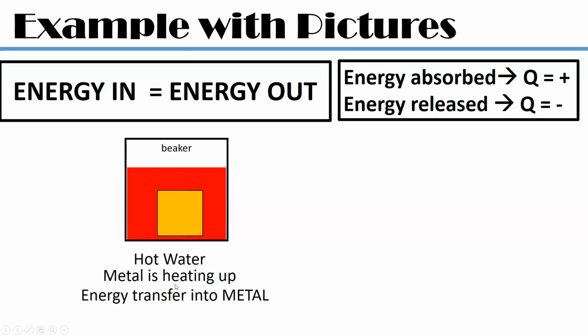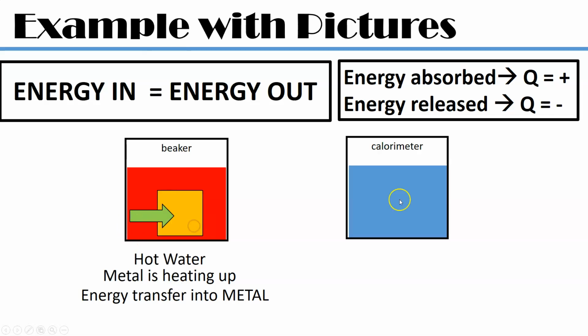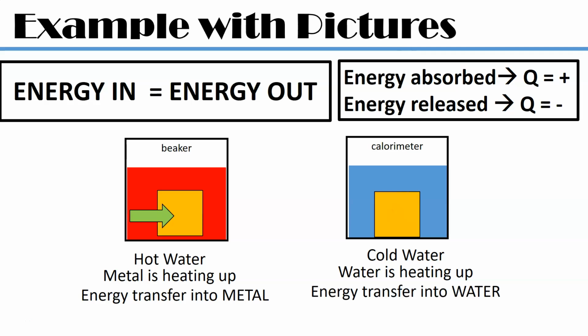The energy is going to be transferred into the metal. Compare that to over here, we have our calorimeter. Now let's take this hot piece of metal and stick it in the cold water. Well, now our cold water is going to heat up, and the energy will be transferred into the water.